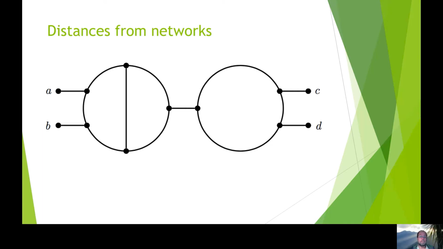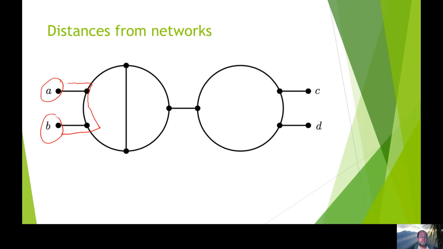So if you're given such a phylogenetic network, you can define distances between the species, of course. For example, here we have species A and B, and they are distance 3 apart because there's a path here of length 3 between them.